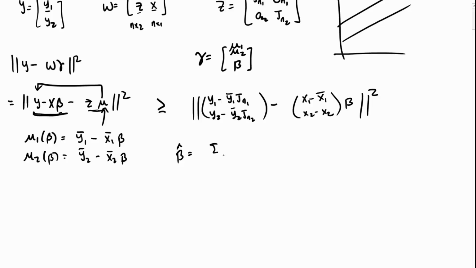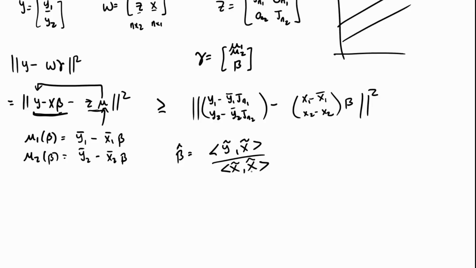That's the inner product of y tilde and x tilde over the inner product of x tilde with itself, where y tilde is the group-centered version of y, and x tilde is the group-centered version of x. In other words, by group-centered I mean each observation with its group mean subtracted off.